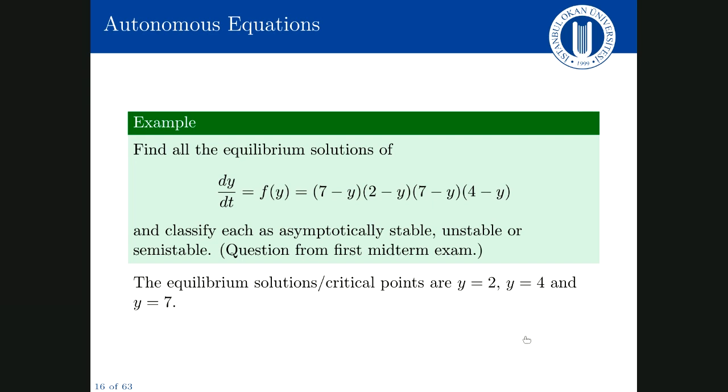The way that I've written this function, it's easy to see that equilibrium solutions are y equal to 2, y equal to 4, or y equal to 7. But are these asymptotically stable, unstable, or semi-stable?